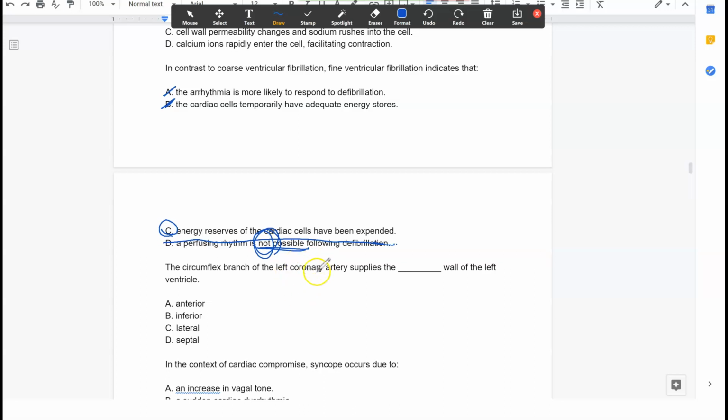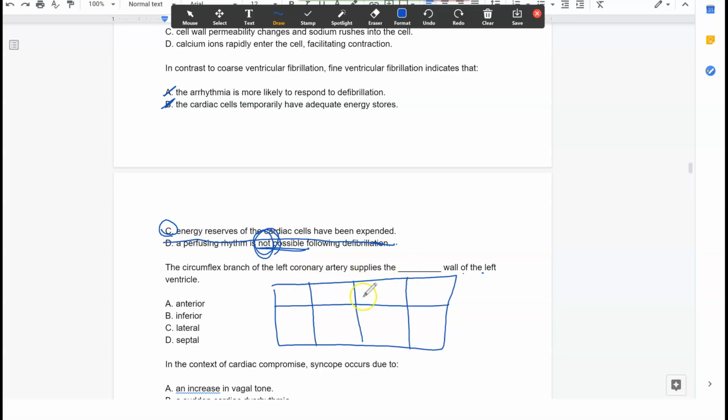The circumflex branch of the left coronary artery supplies which wall of the left ventricle? And remember, we had that nice 12 lead picture that we came up with. That was in the lecture. All right, here's your V1, V6, 1, aVF, right?